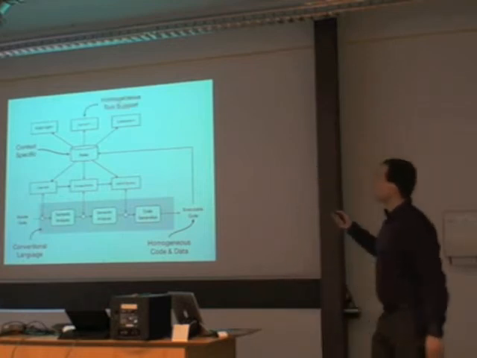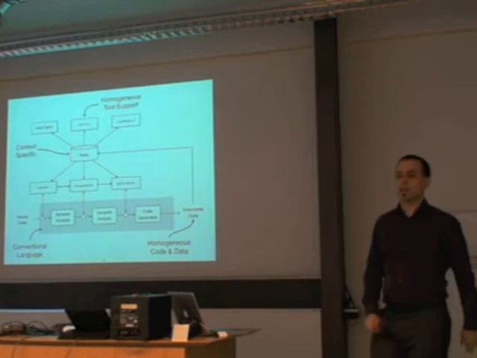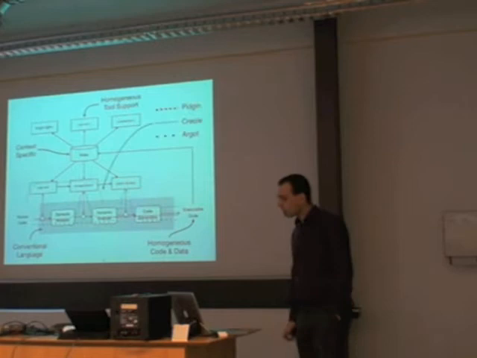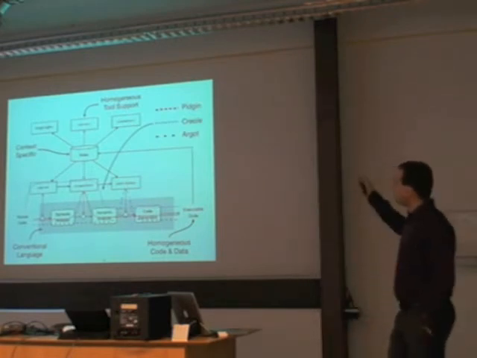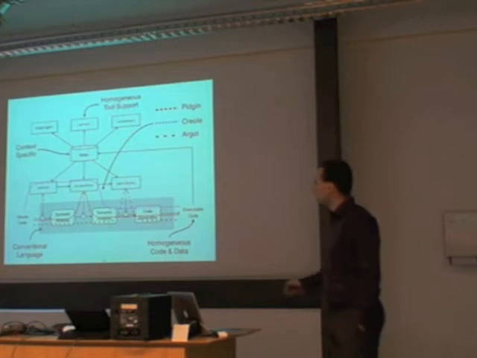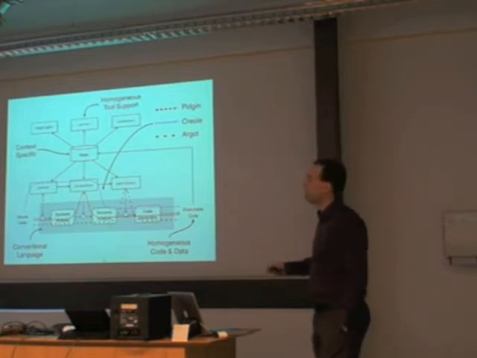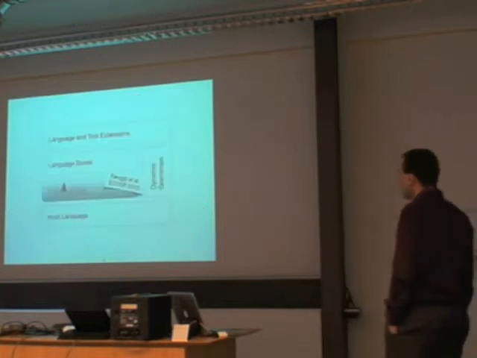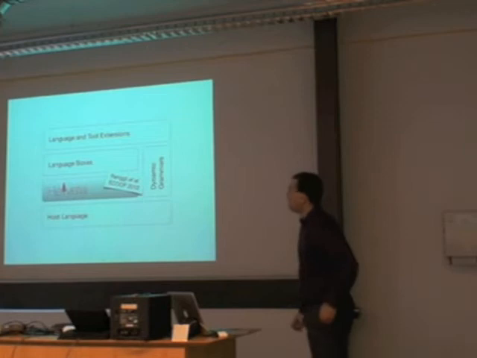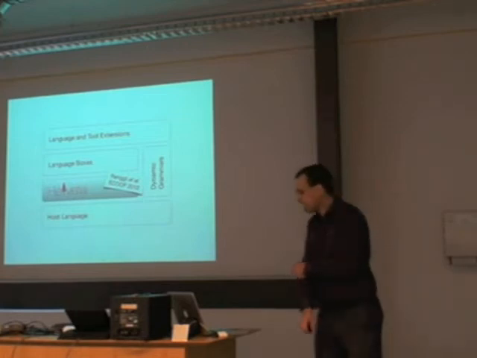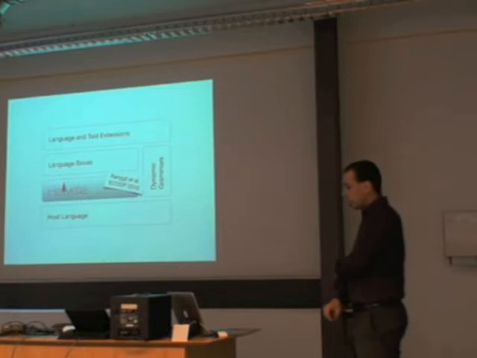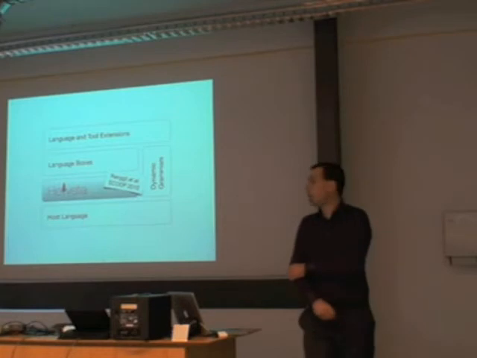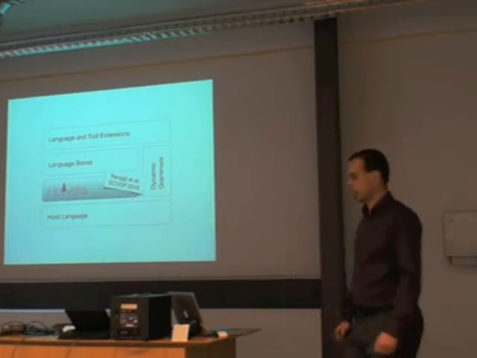And we also have homogeneous tool support because we are able to access the tools with the same rule system. And of course we are able to support fiction, creole, and argo languages by just enabling different paths through this compilation toolchain. So that's a quick overview of the Helvetia system. It's an extensible compiler that also affects tools, and it provides the necessary hooks for the language boxes implementation.